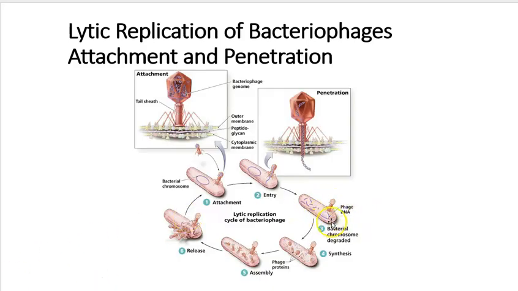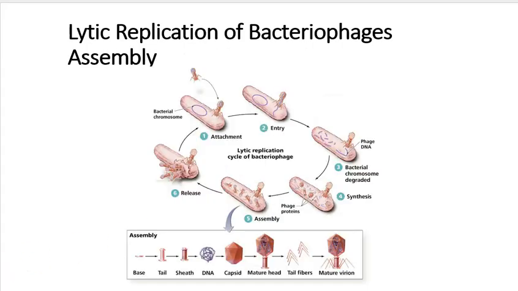Once that happens, the phage DNA begins to be replicated, the bacterial chromosome degrades, and the phage takes over and uses that mechanism to make new phages. So it makes all the little pieces of the phage, they get assembled. Once they've got enough made, the cell lyses.